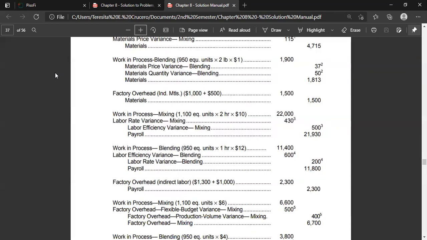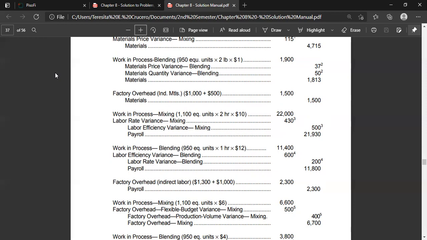So we now credit to materials at actual cost. Material price variance is 7, and material quantity variance. Then factory overhead, we have 1,000 plus 500 credit to materials.